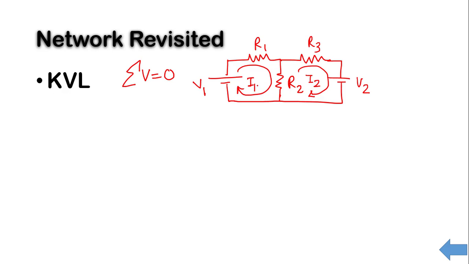So you need to take as many loops as there are meshes. If you're trying to apply KVL in this particular loop, how would you apply? I will take voltage rise as positive and voltage drop as negative.